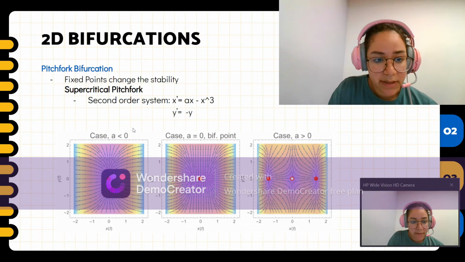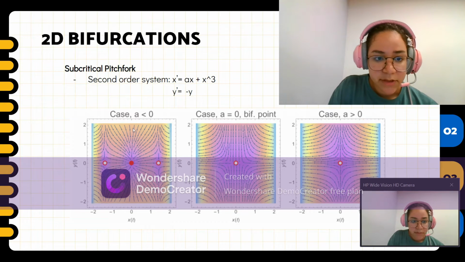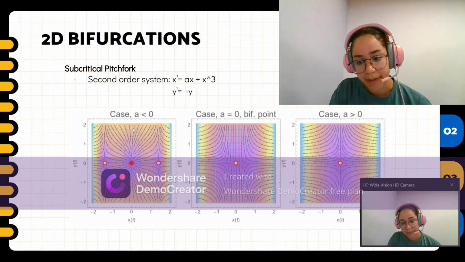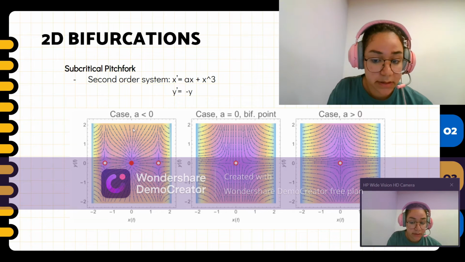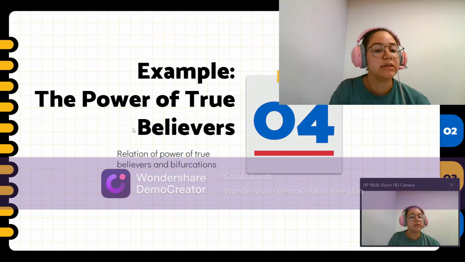This is again with subcritical. You can see at the right, the last two are in pairs with unstable nodes.